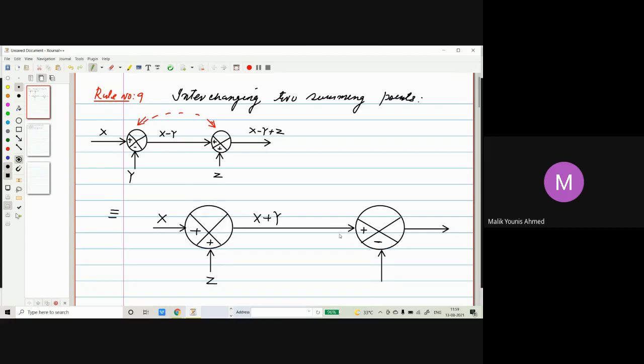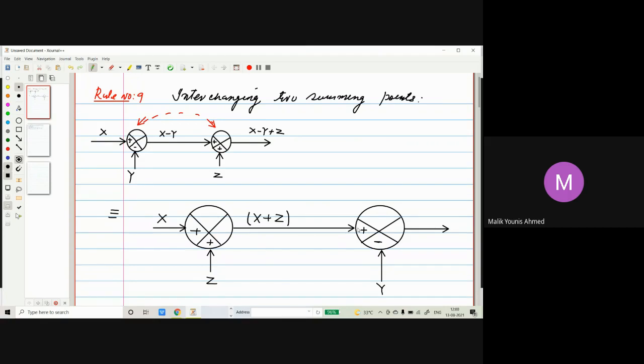Now this summing point we are going to bring here. This signal it's not going to bring. It's going to bring its own signal, that is Y. Sorry, it's X plus Z here. Output is X plus Z, both are plus signals.